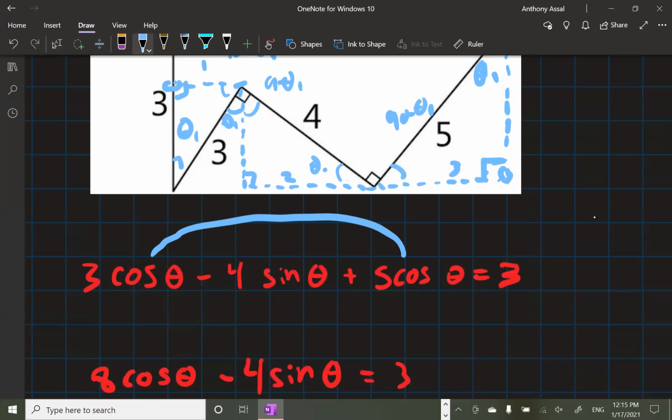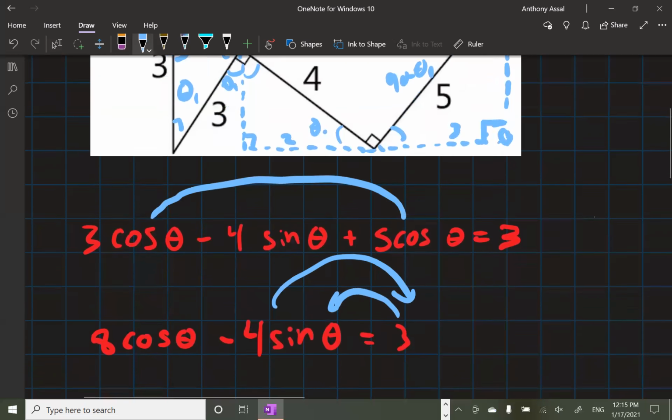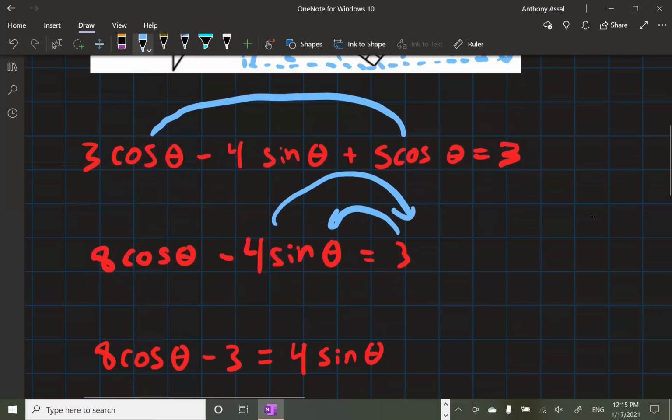I'm going to have both cosine and sine, so it's a little bit annoying here. So I'll at least separate them. Move the 4 sine angle to the right side and move the 3 over to this side. So we get something along the lines of 8 cosine angle minus 3 equals 4 sine angle.